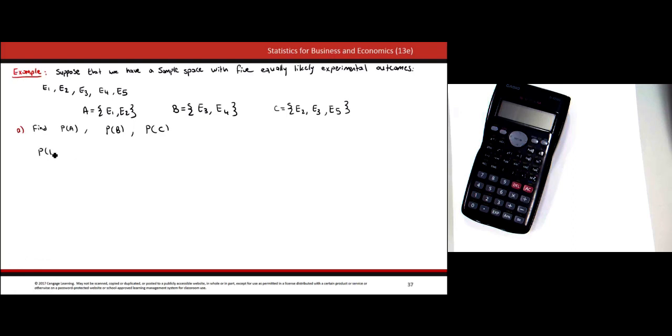So probability of E1 equals E2 equals E3 equals E4, each has probability of 1 over n, which is 1 over 5, 0.2. So probability of A is probability of E1 plus probability of E2, they are both 0.2, so 0.4.